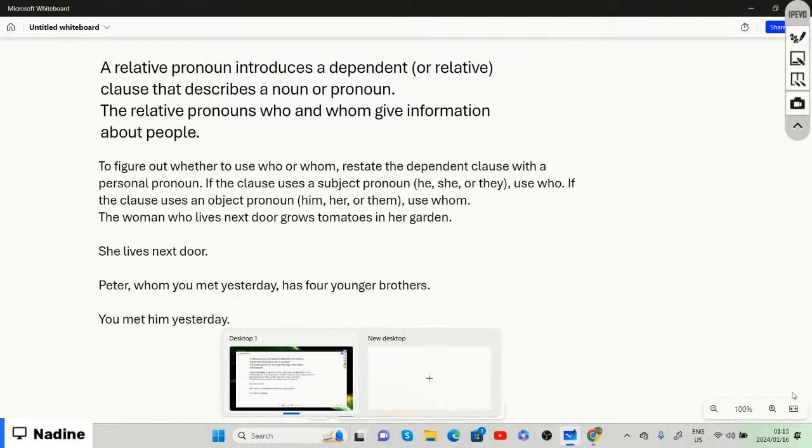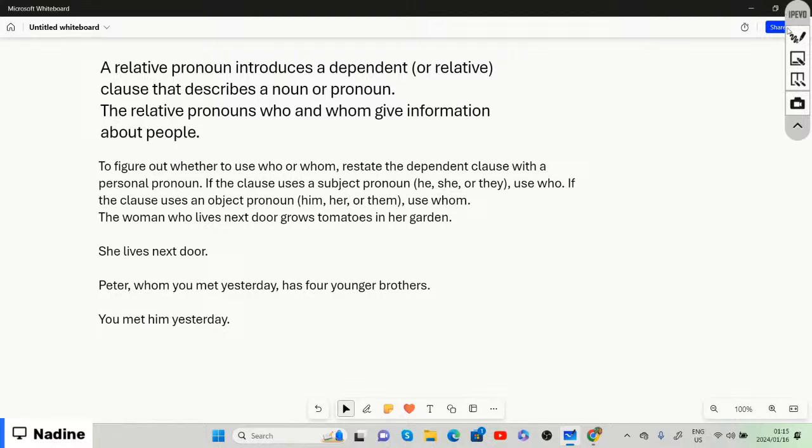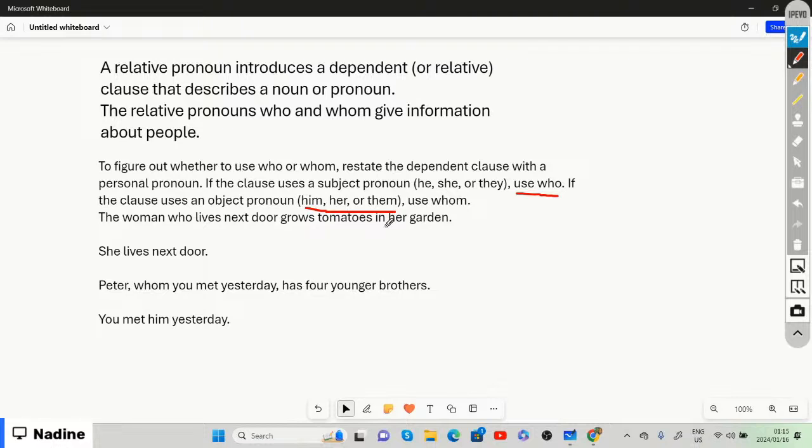And if the clause uses an object pronoun such as him, her, or them, then we use the word whom with an M. So we use who with the subject pronoun, which is he, she, or they, and we use whom with an object pronoun, which is him, her, or them.